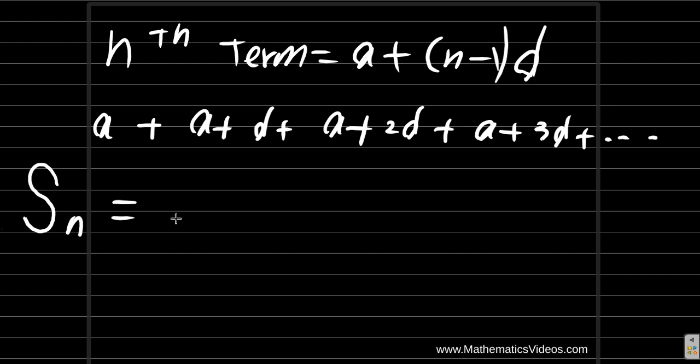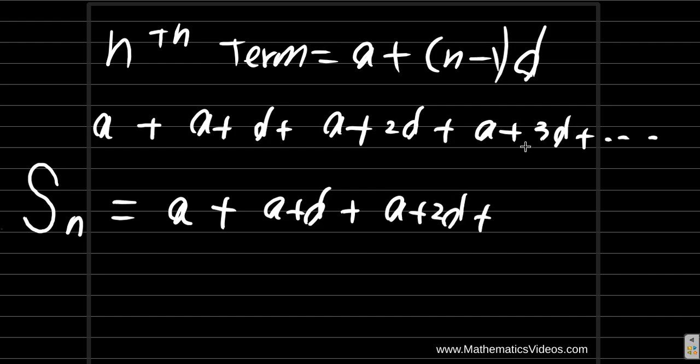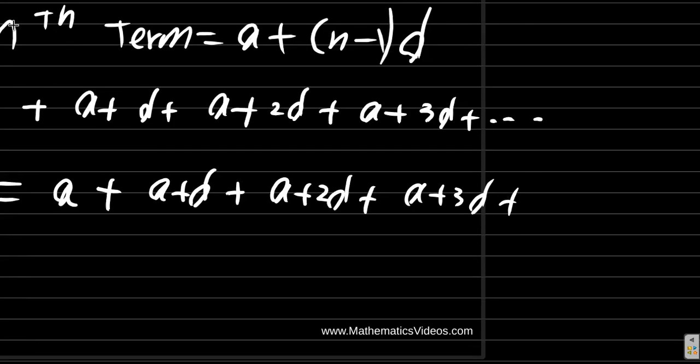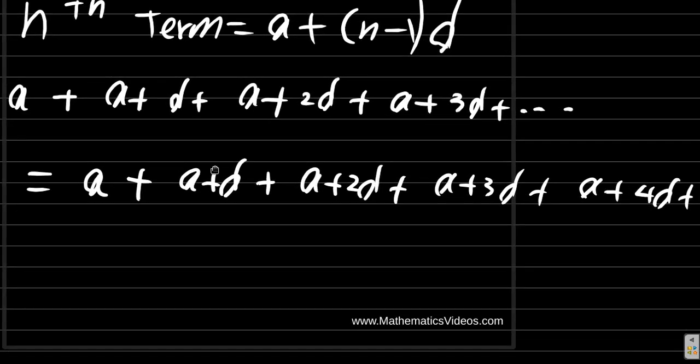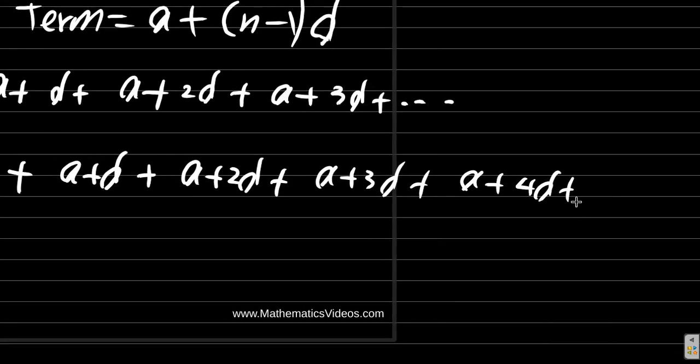Well, we would have a, a plus d, plus a plus 2d, plus a plus 3d, plus another one, a plus 4d, plus, and so on and so forth.